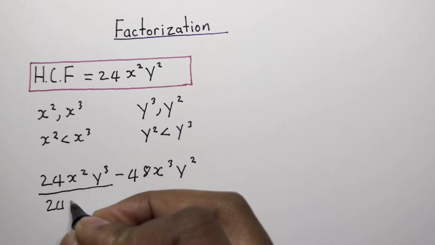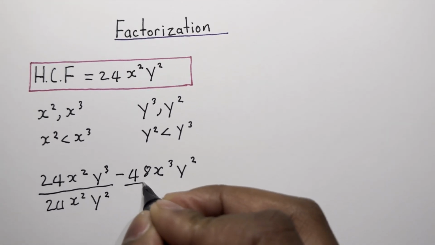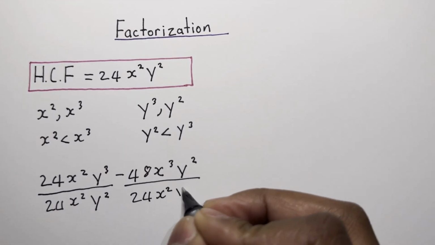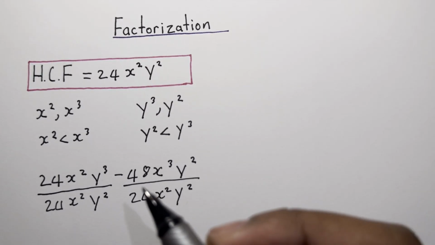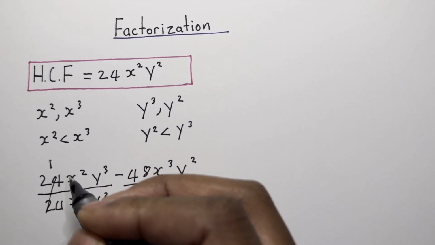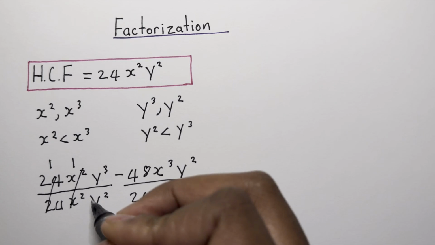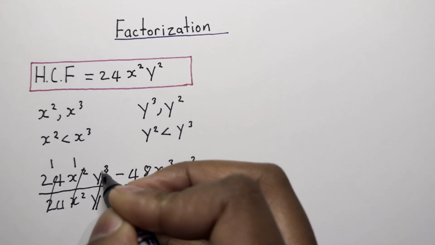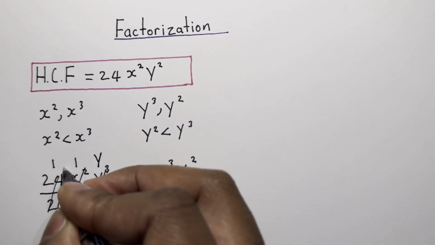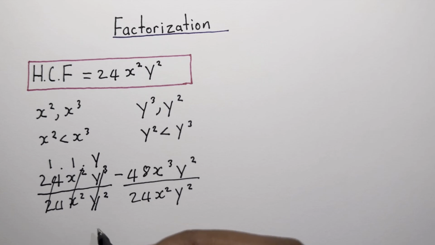24x squared y squared. Twenty-four into 24 goes 1 times. X squared into x squared goes 1 times. Y squared into y cubed leaves us with y. And 1 times 1 equals 1. 1 times y gives us y.